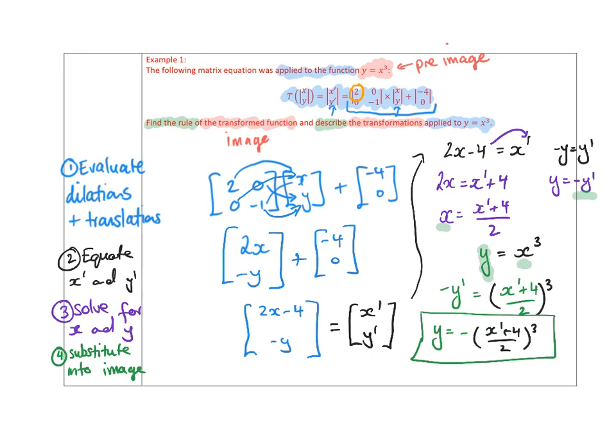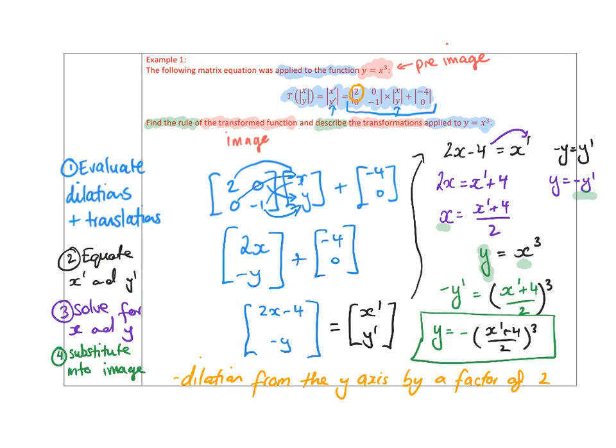And so we can describe that as a dilation from the y-axis by a factor of 2. Now this is much easier to see in the matrix than it is in the function. The function looks like everything's been divided by 2 down here. But of course we know that we read that as 1 on 2.